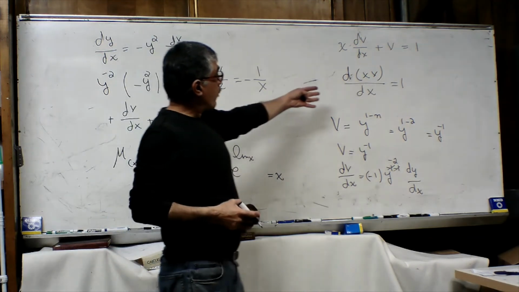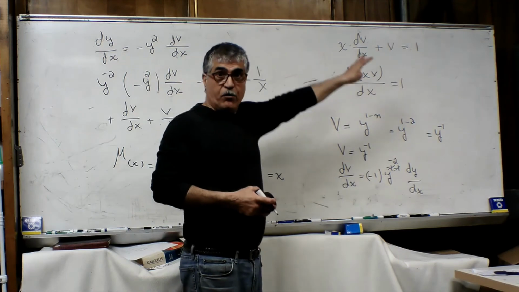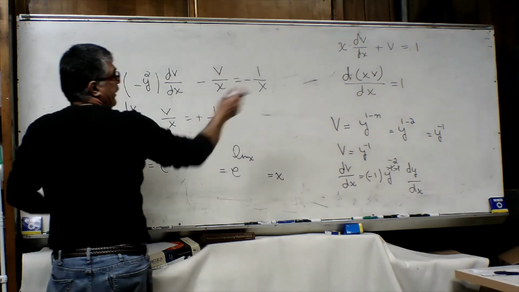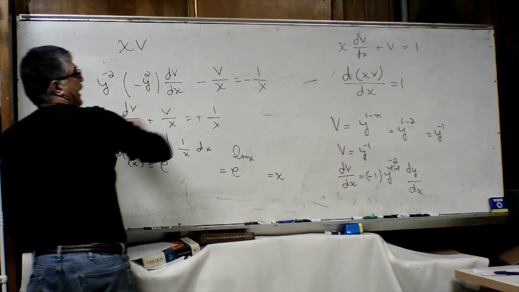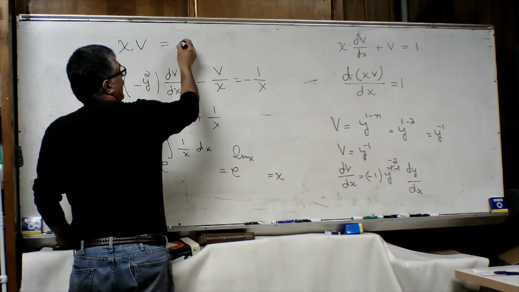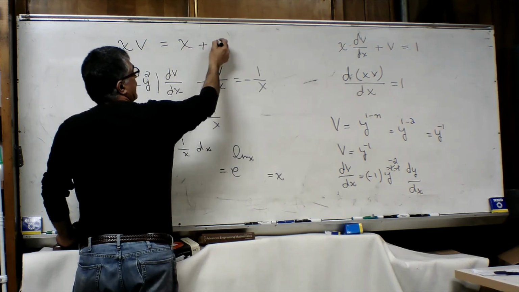Now, in order for us to solve this, we have to take integration of both sides. If we do that, on left side we are going to have xv, and on right side we are going to have x plus c.